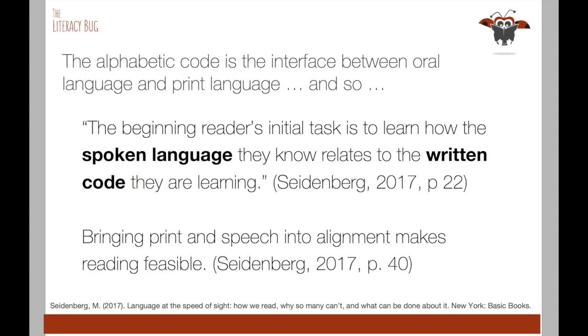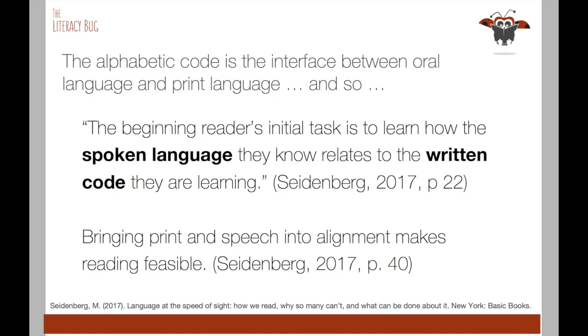And so they start to draw this connection that these printed words represent words in the language they know. And so the motivating factor is, how can I see language in the code? And then that becomes a very long process of knowing how the English language in print works. So bringing print and speech into alignment is what makes reading feasible.